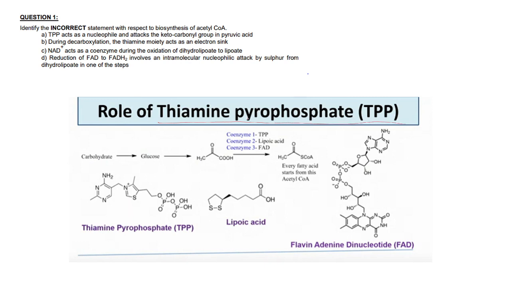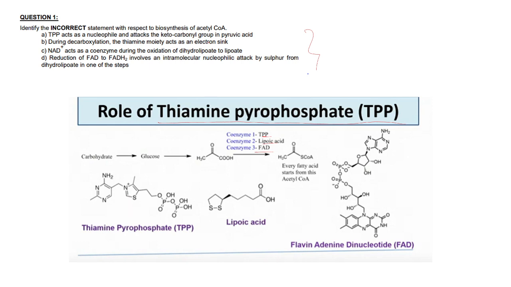Coenzyme 2 is lipoic acid, and coenzyme 3 is FAD. Here they have talked about all the steps. The first step is TPP acts as a nucleophile and attacks the ketocarbonyl group in pyruvic acid.